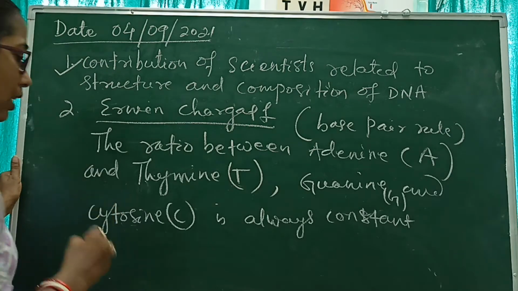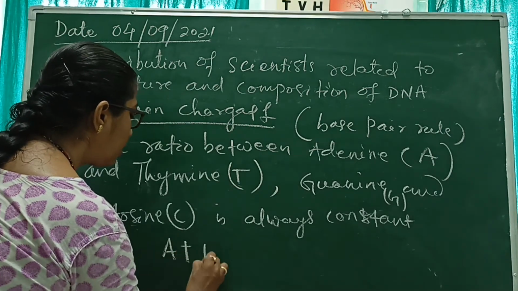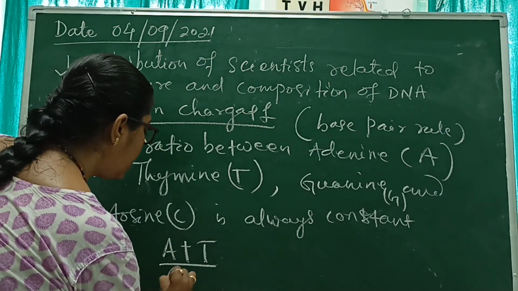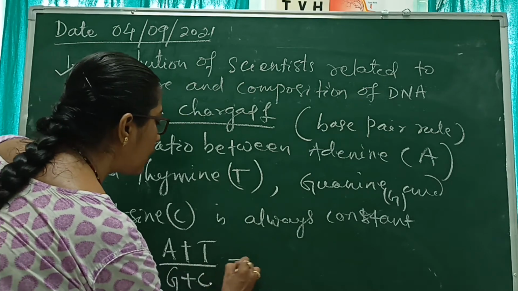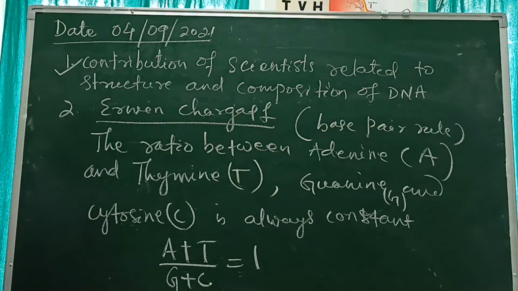That means A plus T and G plus C, ये दोनों का रेशियो कितना होगा? The ratio will always be 1.